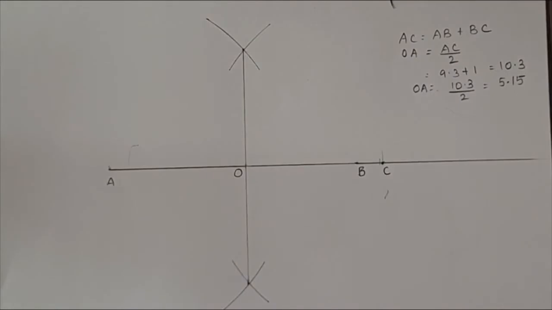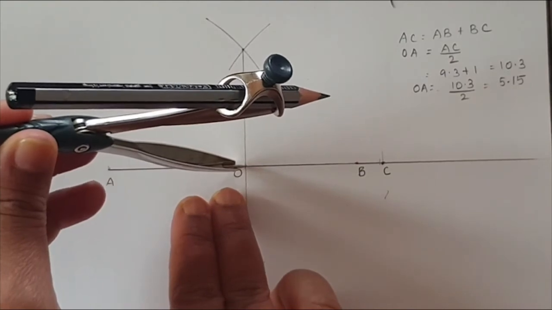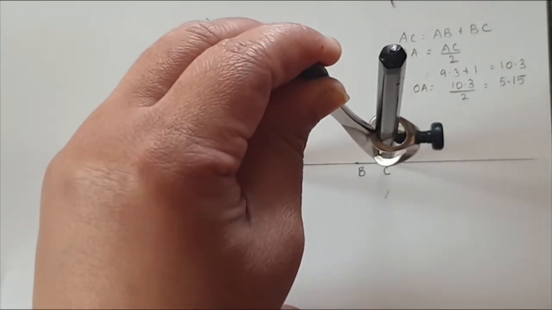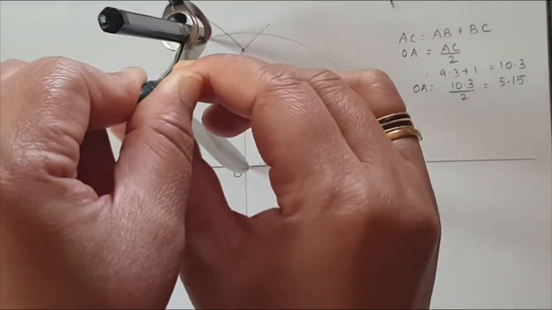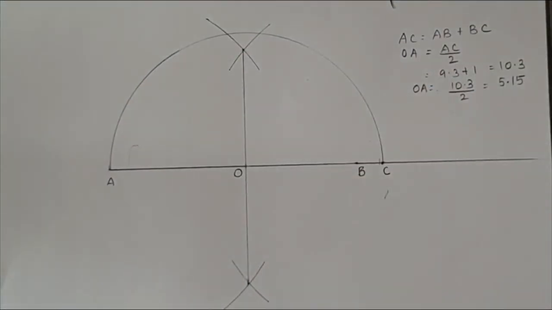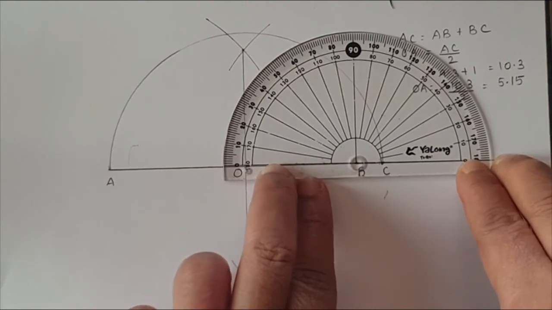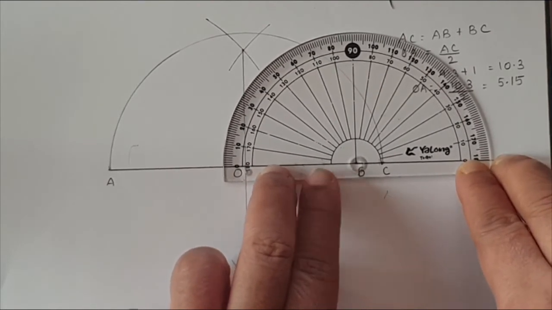Draw a semicircle of radius OC with center O. Now you have to draw a line perpendicular at B. So place the protractor and mark 90 degrees.